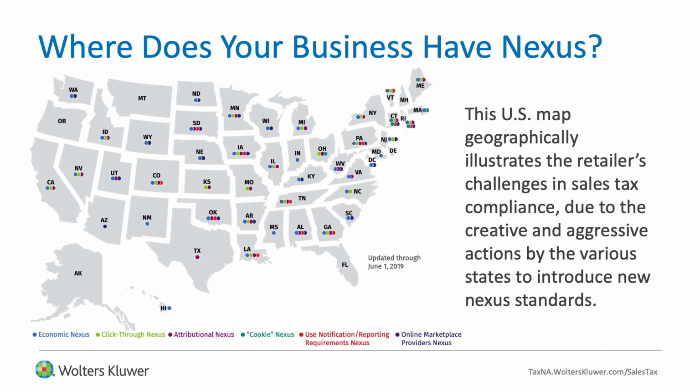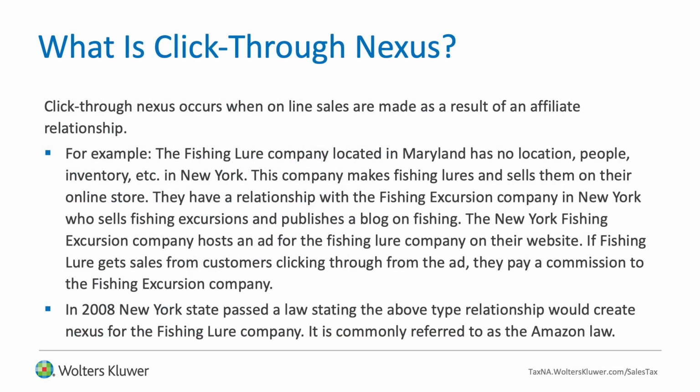So they are trying to make sure that they can get as many sellers as possible to have nexus in their state. It's very important for the states to capture the revenue from the seller's sales. So I thought that this is a great map to look at to give you an idea of what the states are thinking and how they're trying to capture those sellers into having nexus to capture that revenue in their state.